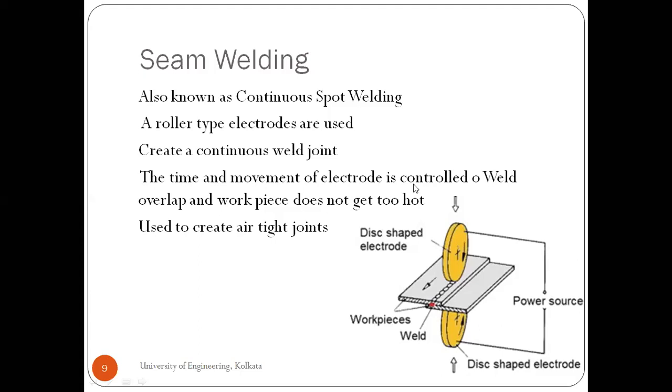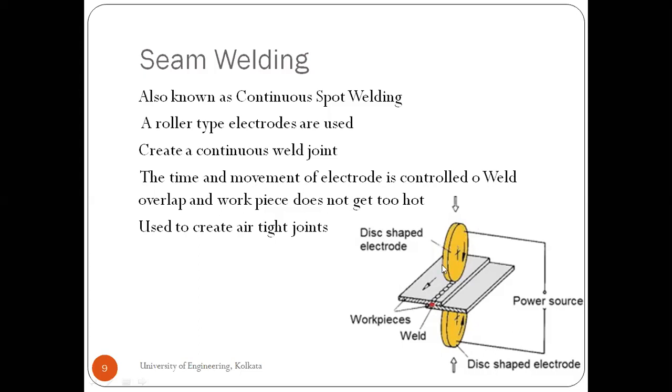So if you create a weld in this manner, by two roller kind of electrodes, in the previous case in spot welding we have seen the electrodes are in the form of cylindrical rods.